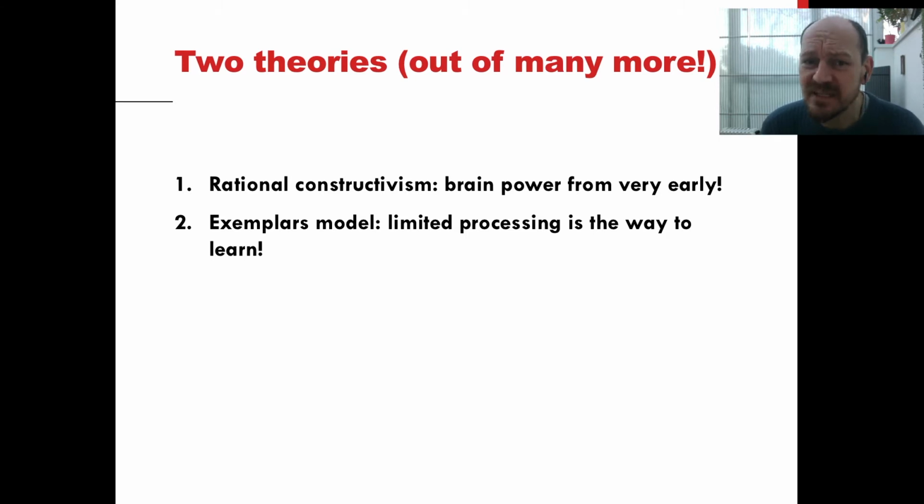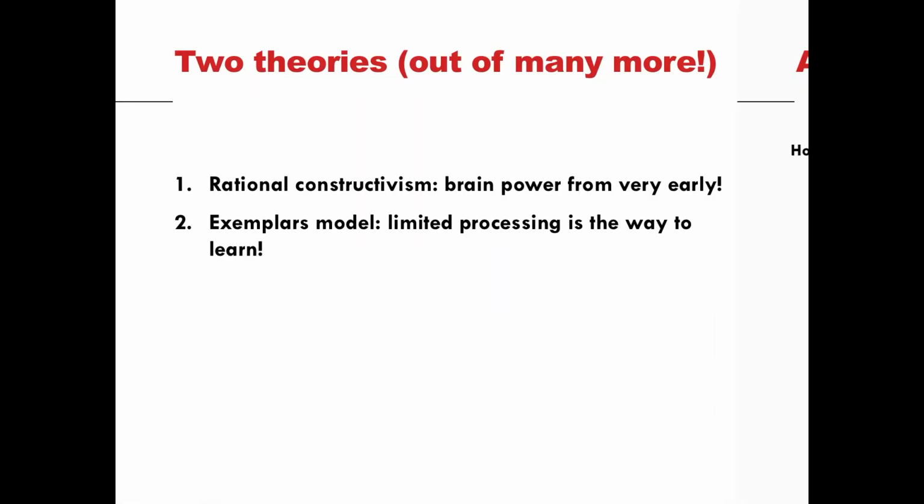And this limitation is actually the key mechanism to learn. So our brains actually develop creative and productive knowledge because they can't account for the huge amount of information data that we have to process continuously.